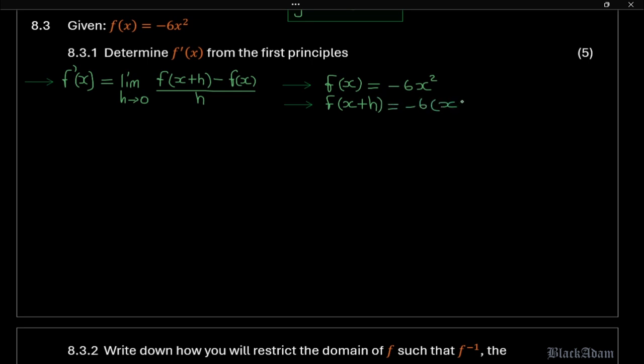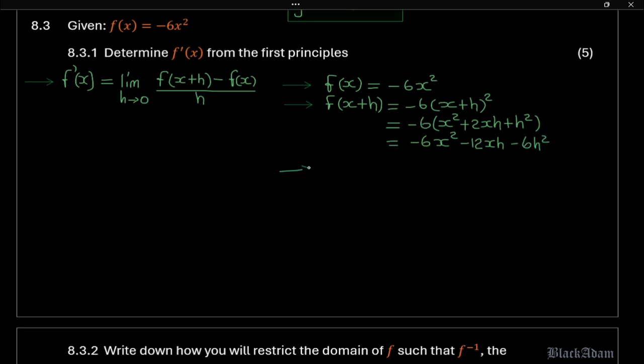That is negative 6 bracket x plus h, all of that squared, which will be x squared plus 2xh plus h squared. Multiplying all that by negative 6 gives us negative 6x squared, negative 12xh, and negative 6h squared.